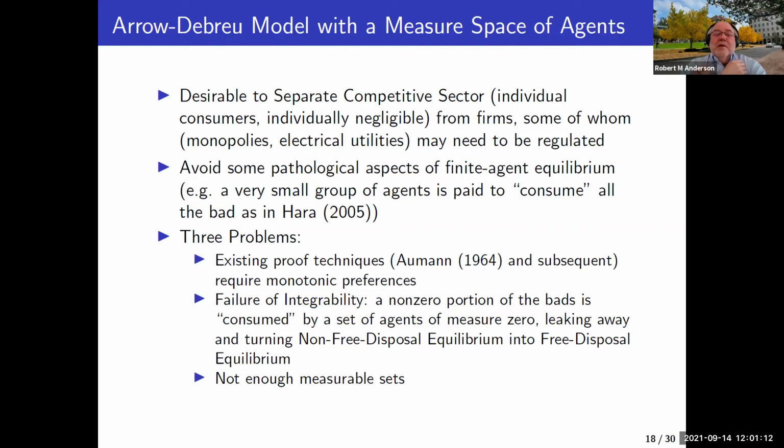But the second is that we really need to do this as a way of controlling this unpleasant feature of the finite models, that they stick a small group of people with responsibility for a large amount of the pollution, and that raises either equity considerations or suggests that they won't actually do it.